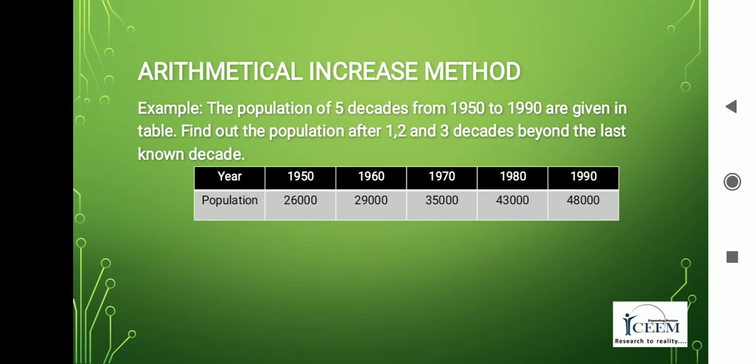Find out the population after 1, 2 and 3 decades beyond the last known decade by the arithmetical increase method. यहाँ पे 5 डिकेड की इंफॉर्मेशन हमको दी गई है, उसके बाद after first decade, second decade and third decade पॉपुलेशन फोरकास्ट क्या होगा ये हमको अरिथमेटिकल मेथड से निकालना है. 1950 में पॉपुलेशन था 26,000, 1960 में 29,000, 1970 में 35,000, 1980 में 43,000 और 1990 में 48,000. Let's see the solution.